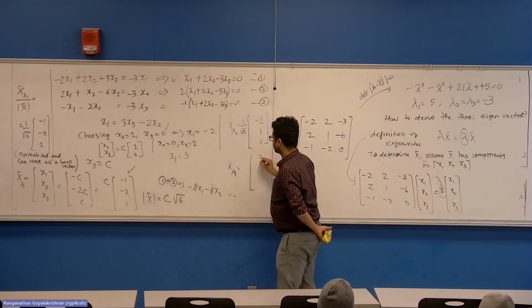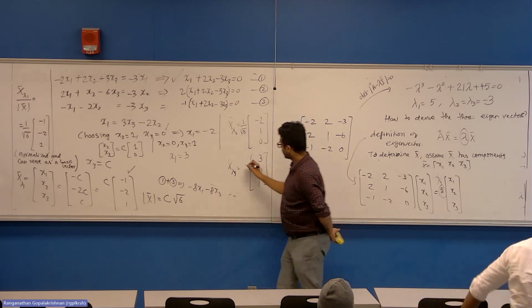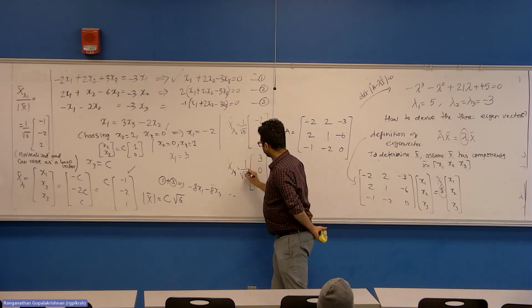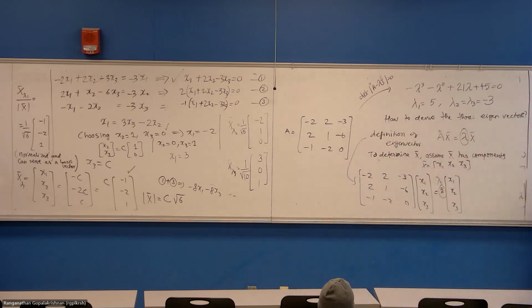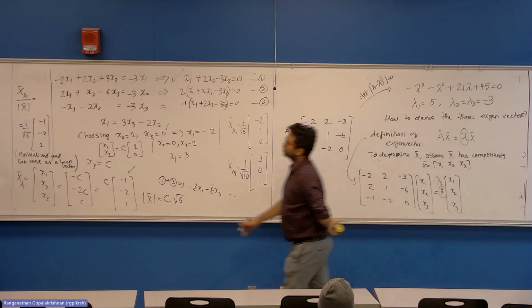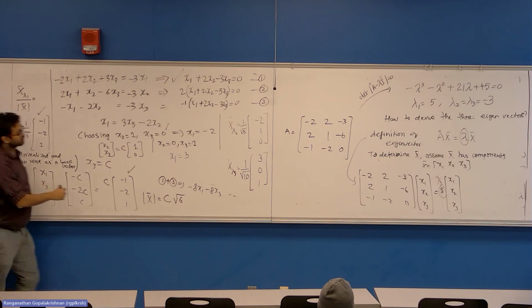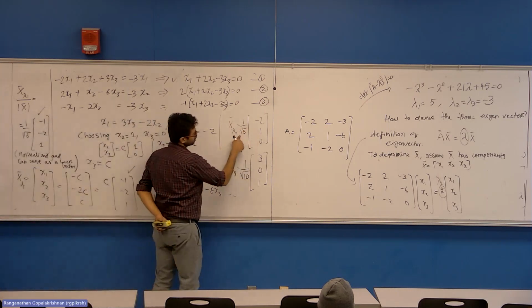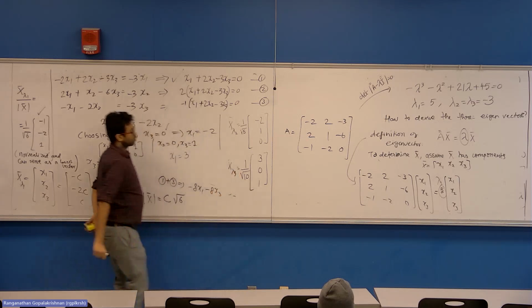So 3, 0, 1, and I have to divide this by square root of 10. So my three eigenvectors are -1, -2, 1 divided by square root of 6, -1, 0 divided by square root of 5, 3, 0, 1 divided by square root of 10.